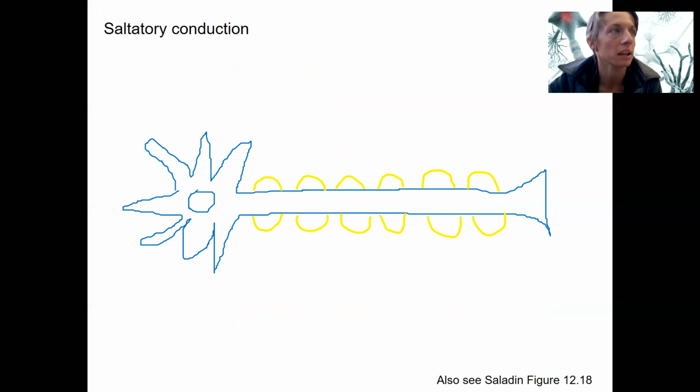And what's happening is we've got sodium flowing into the cell, as you know, and then spreading out, diffusing once it's inside the cell. This insulation here allows sodium to spread farther than it would if there weren't insulation there. Because of that, that sodium can flow all the way down to the next node of Ranvier. That's what is here, a node of Ranvier. This yellow stuff is our myelin.